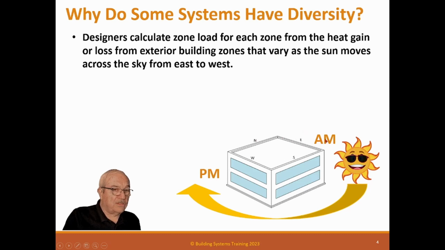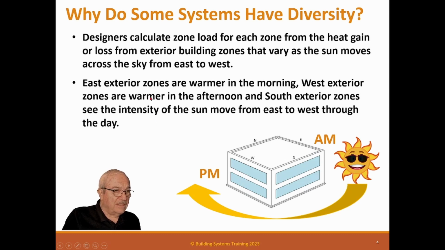In the morning, the sun comes up on the east side and heats the east side and moves around to the west side. So the east zone is warmer in the morning, the west zone is warmer in the afternoon, and the south zone sees the sun transition from morning to afternoon. That's why he can use diversity, because there's never a time when the whole building will see 100% design load at all hours of the day, because the sun moves around. And that's why we get diversity.